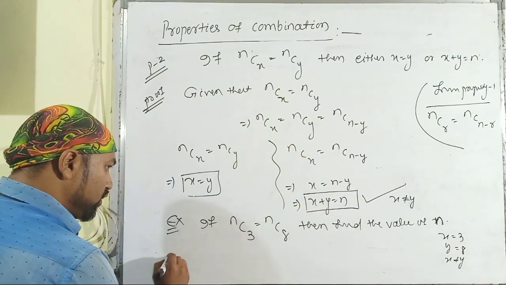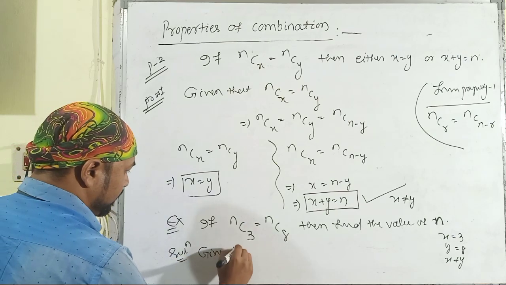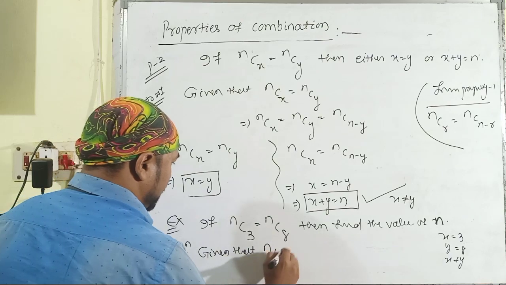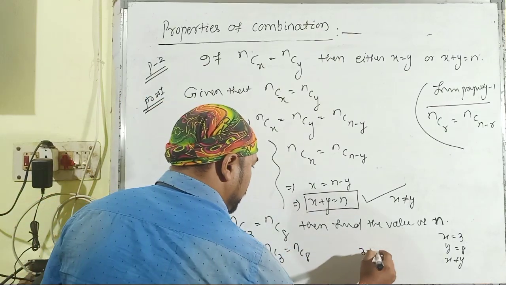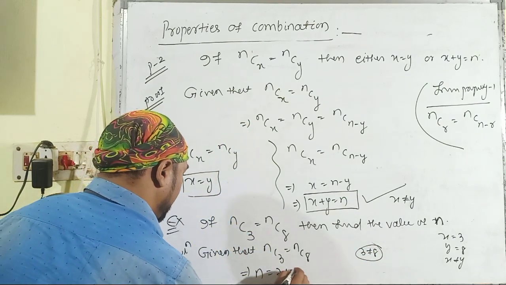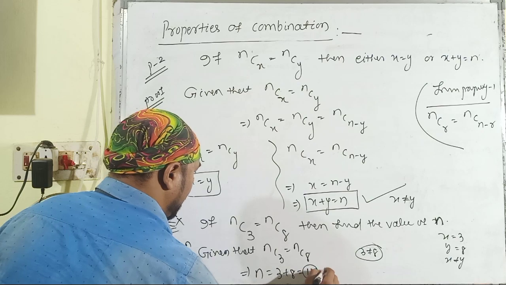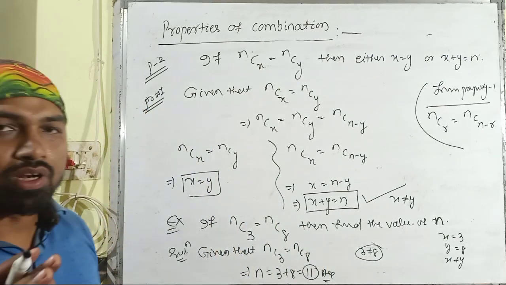So here is the solution. Given that nC3 is equal to nC8, 3 is not equal to 8, that means n is equal to 3 plus 8, and that is equal to 11. And this is the final answer for this example based upon property number 2.